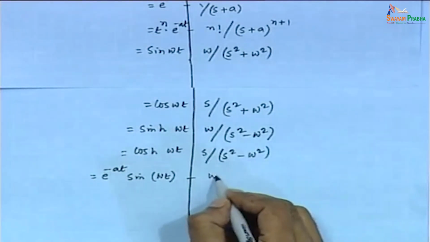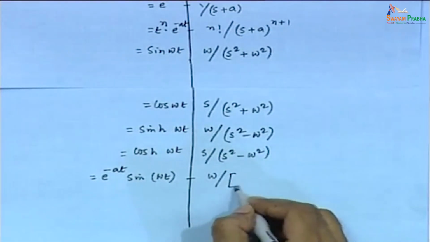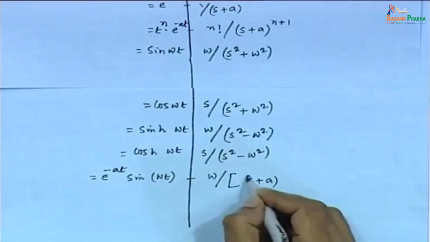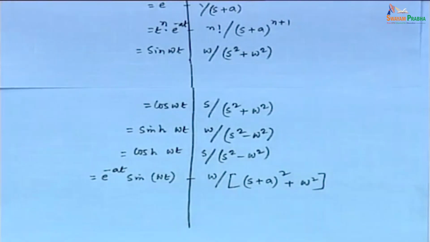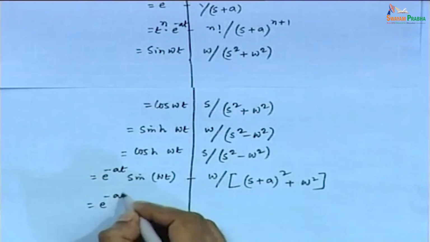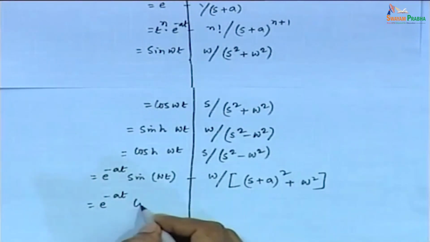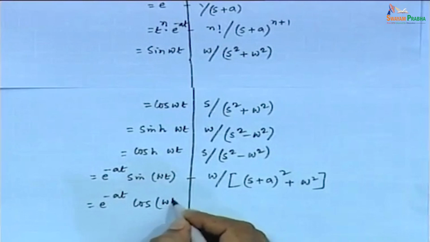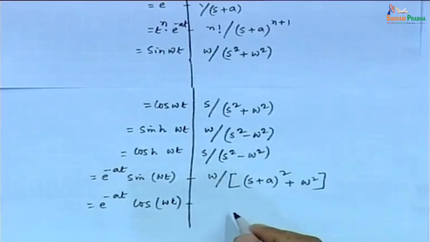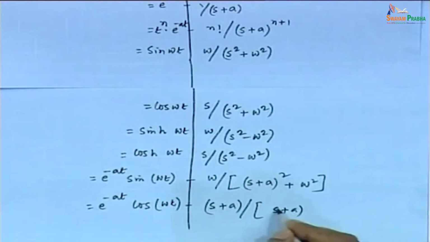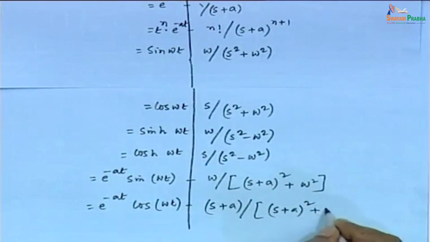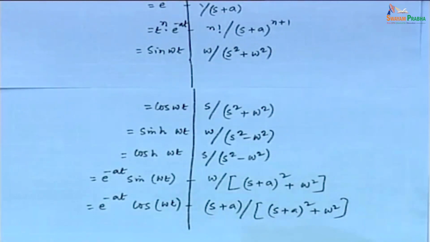Laplace transform is omega divided by s plus a whole square plus omega square, and e to the power minus a t cos omega t, it has s plus a divided by s plus a whole square plus omega square.